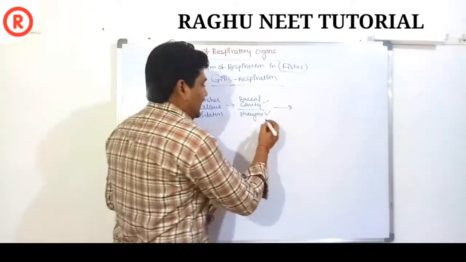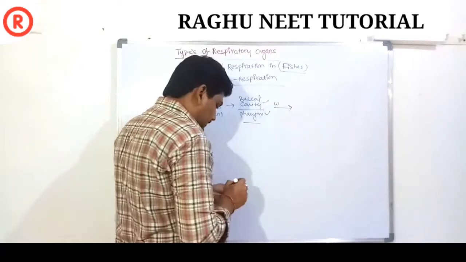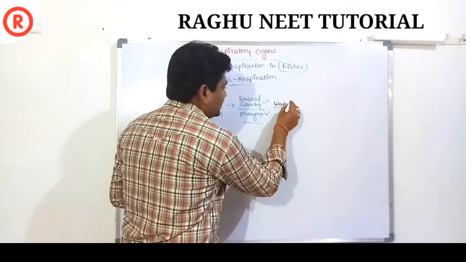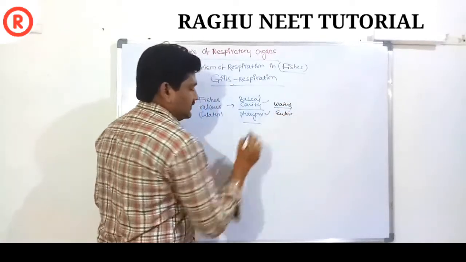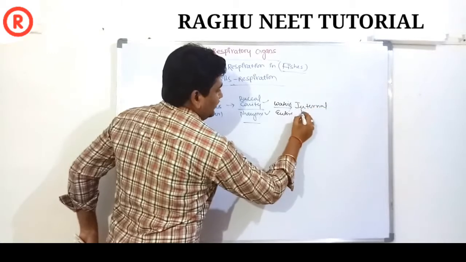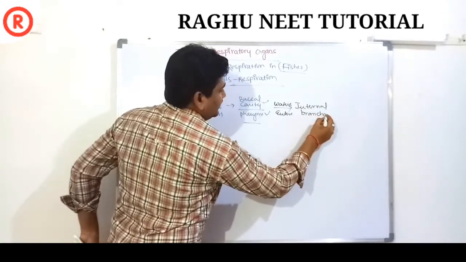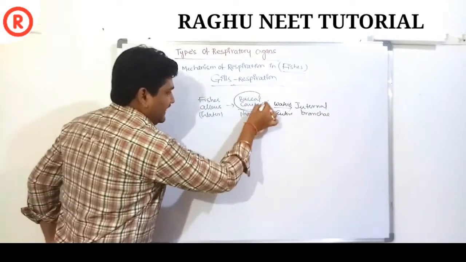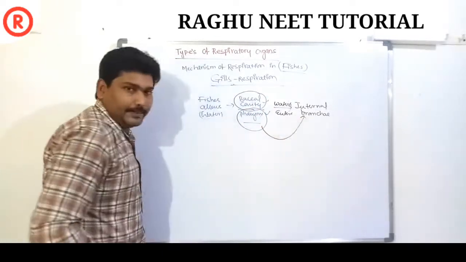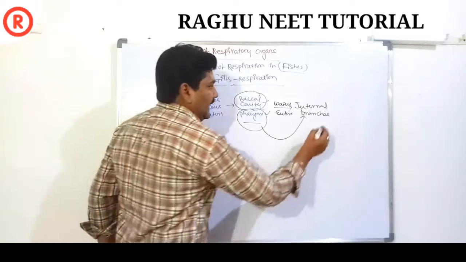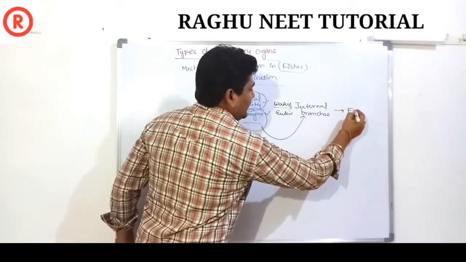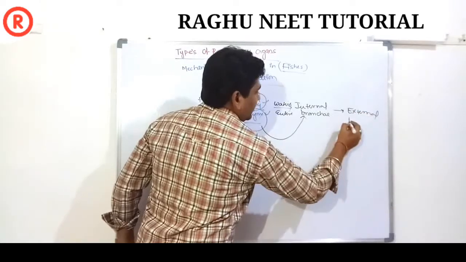The buccal cavity and pharynx are both filled with water, and this water enters the internal branchiae, then passes from the internal branchiae to the external branchiae.